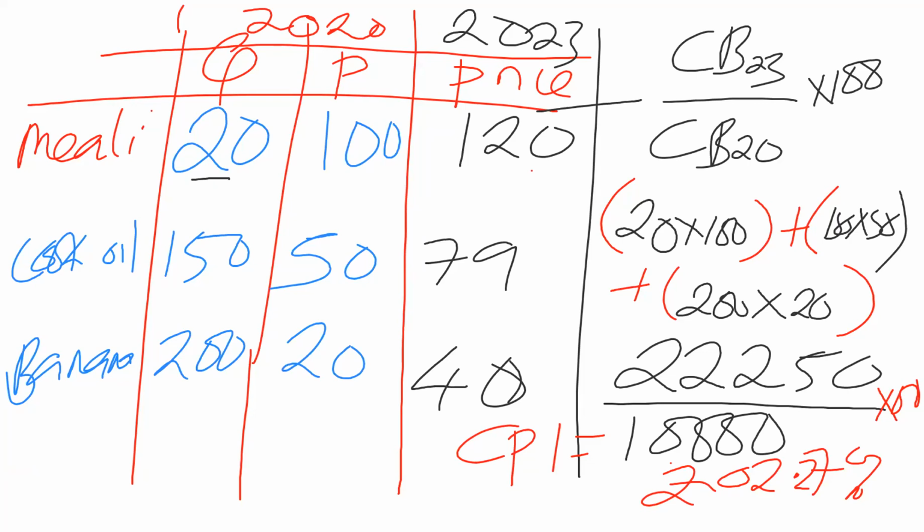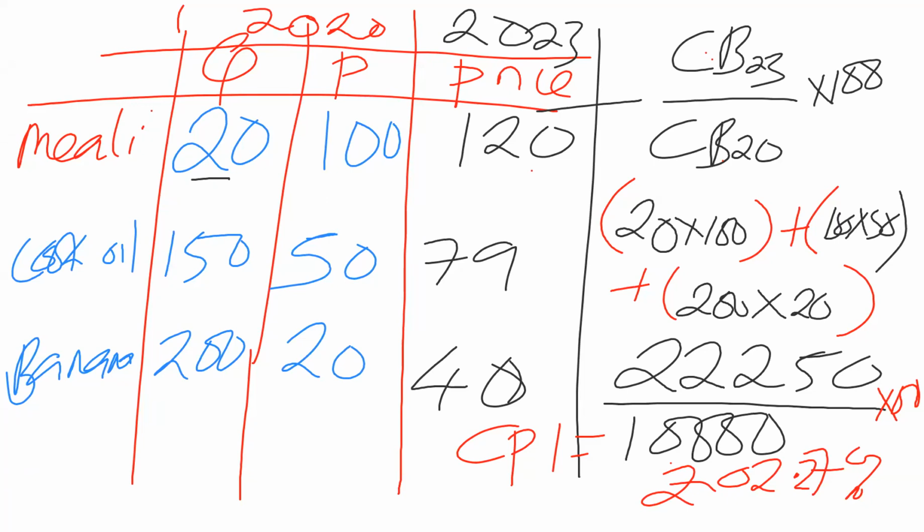If you are asked to find the CPI in 2020, you repeat the same procedure: the cost of living in 2020 divided by the cost of living in 2020 times 100. The numerator and the denominator will be equal, so it gives 1 times 100. So the CPI will be 100% for the base year.